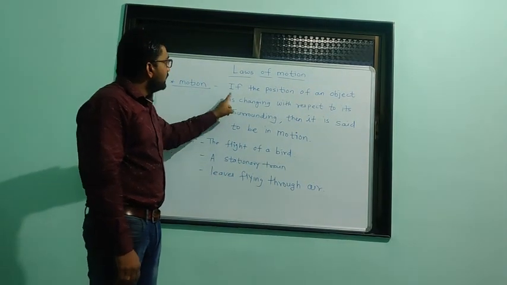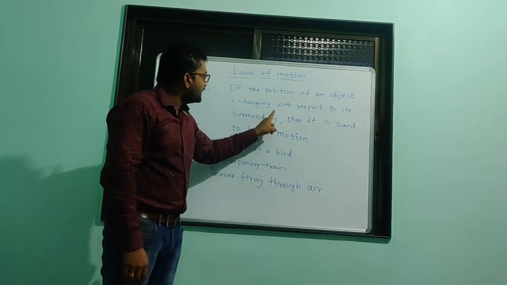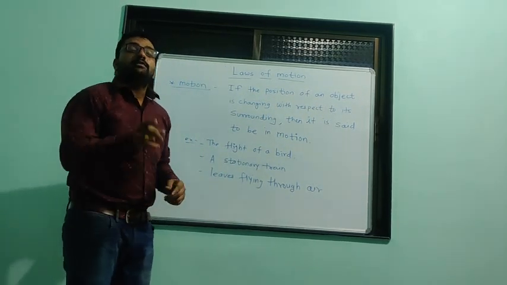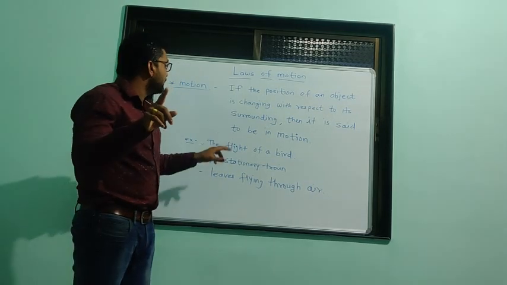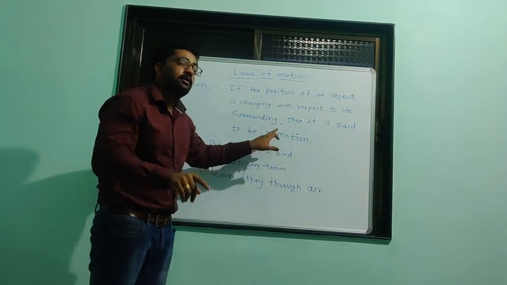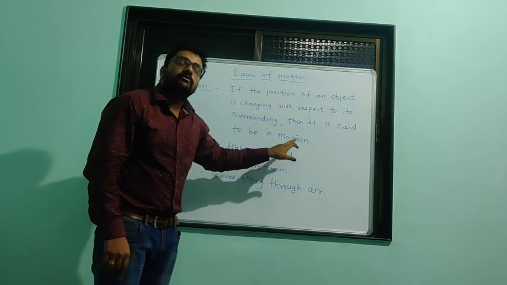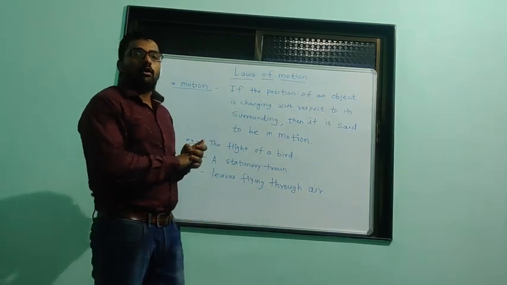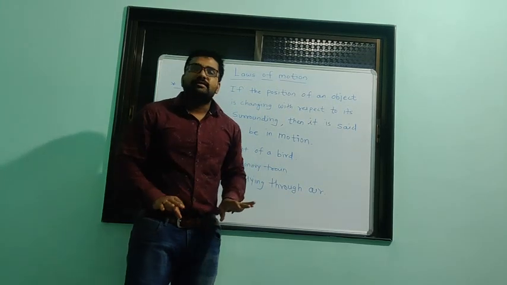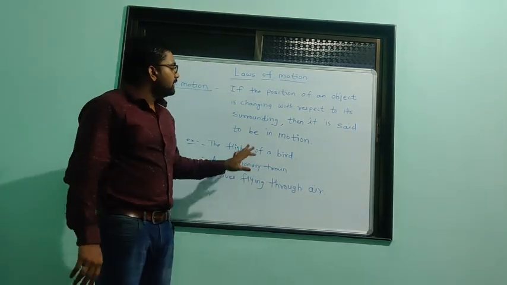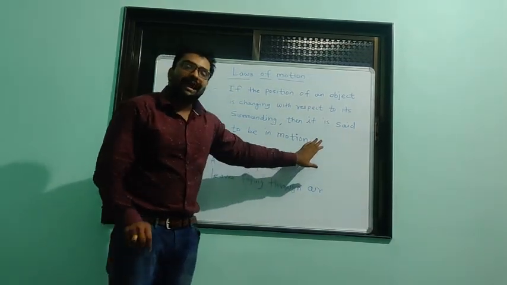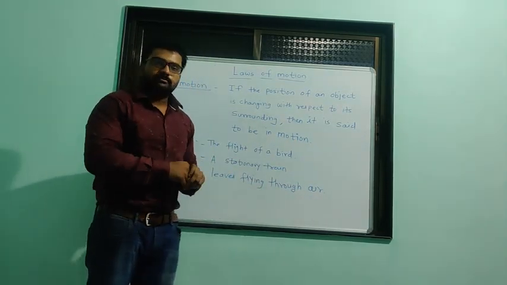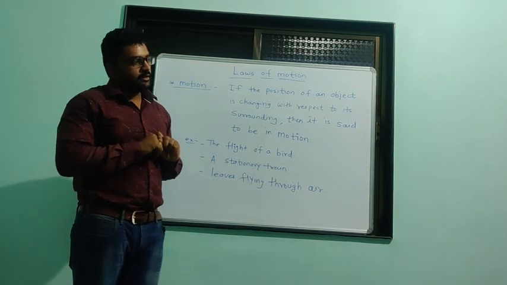So if the position of an object changes with respect to its surrounding, then it is said to be in motion. And if the position of an object does not change with the surrounding, then we call that object at rest position. Suppose there is one stone, and we observe that stone for a full day.